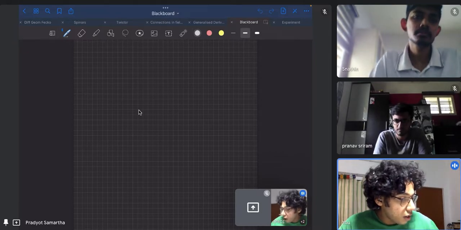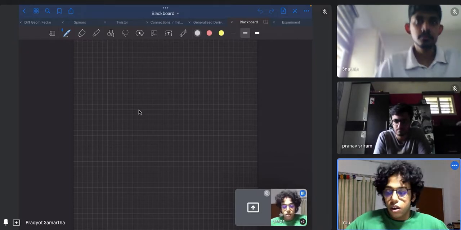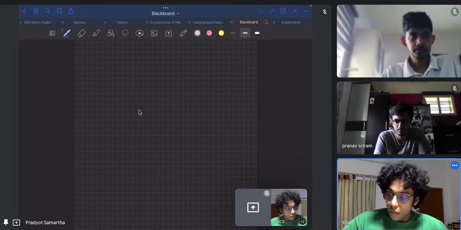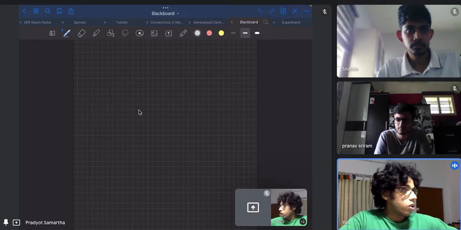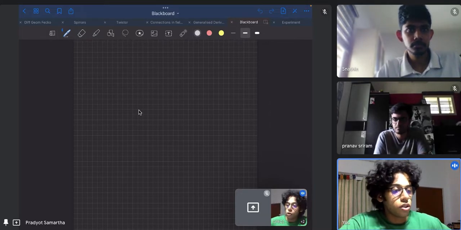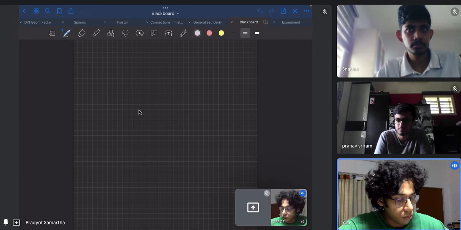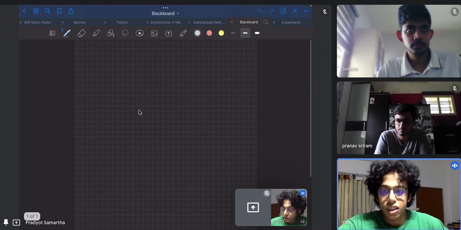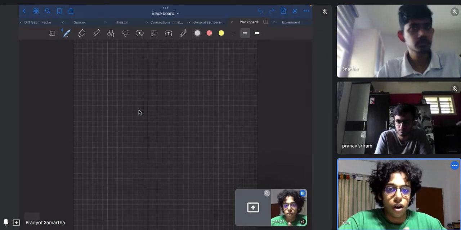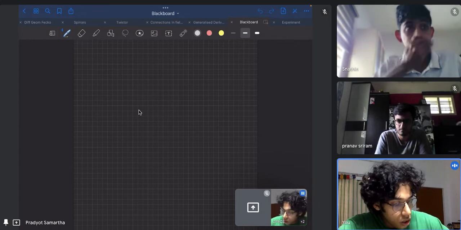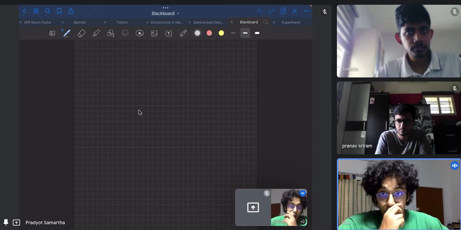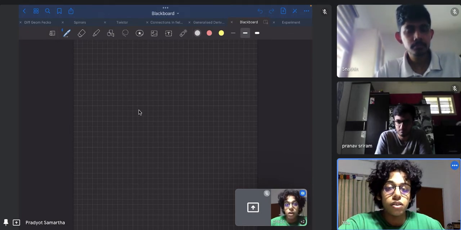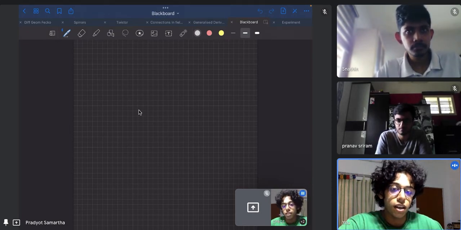For that, let's consider a charge distribution that is localized in some radius r prime. This is another method that physicists use, the method of scales.